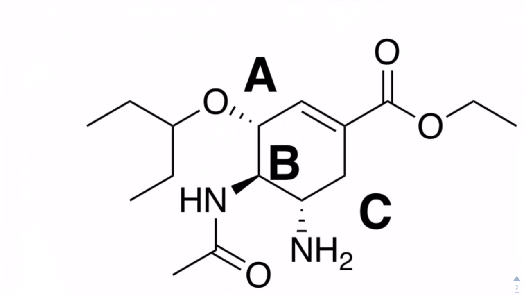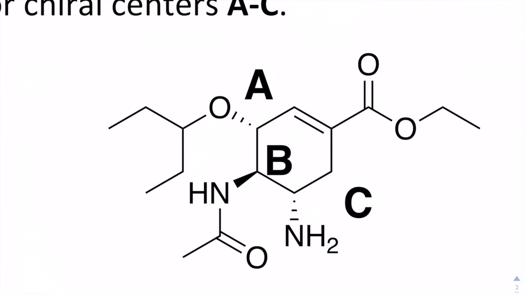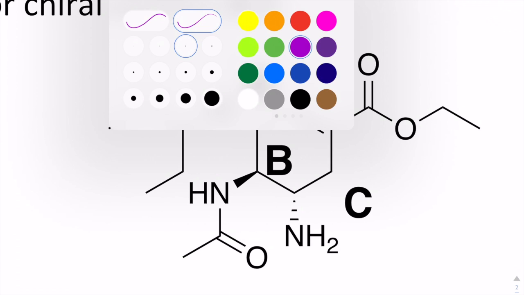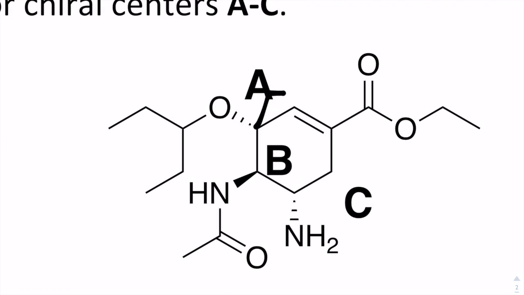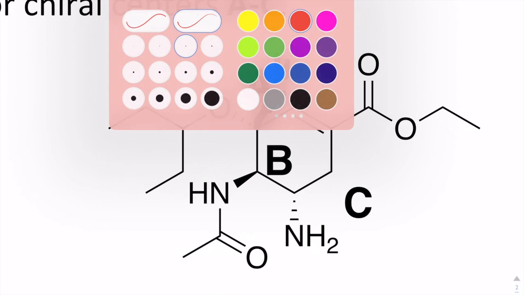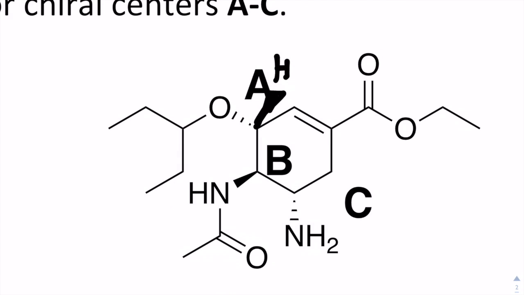Let's look at A. I'm going to draw in our substituents that aren't as obvious. So let's just draw in that hydrogen on a wedge. And let's go through and number the substituents. Okay, so we're looking at this carbon. Directly attached to this carbon is an oxygen, a hydrogen, a carbon, and a carbon. Okay?